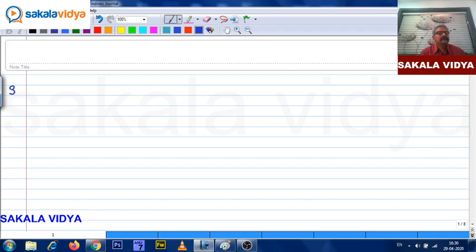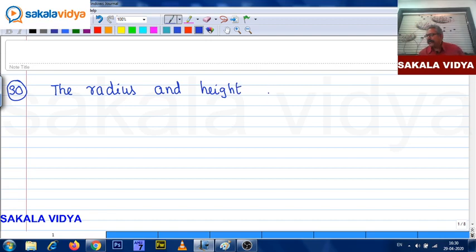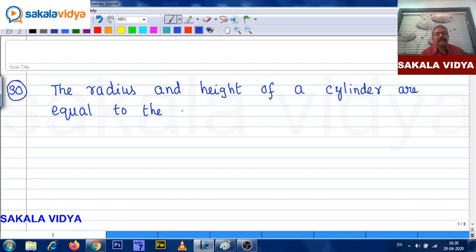30. The radius and height of a cylinder are equal to the radius of a sphere.